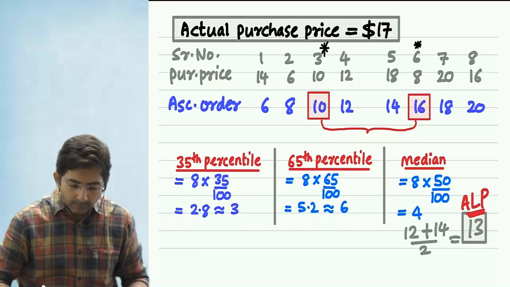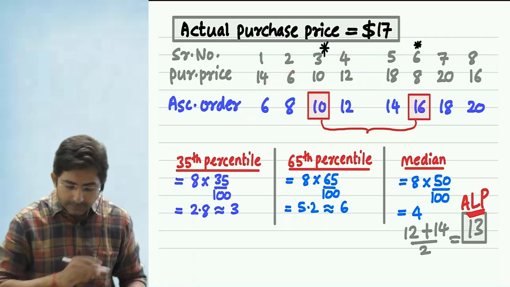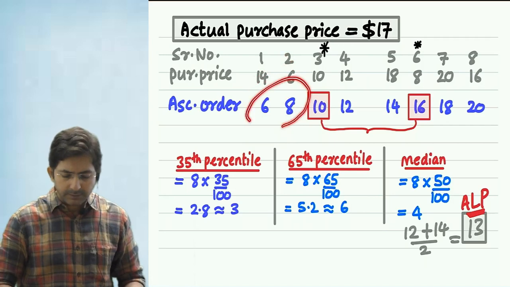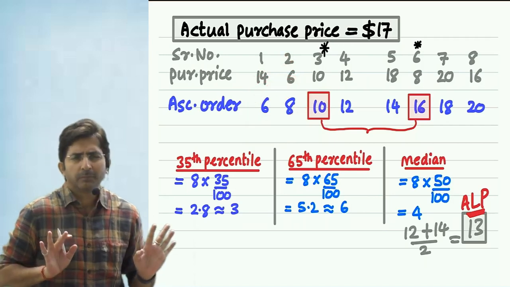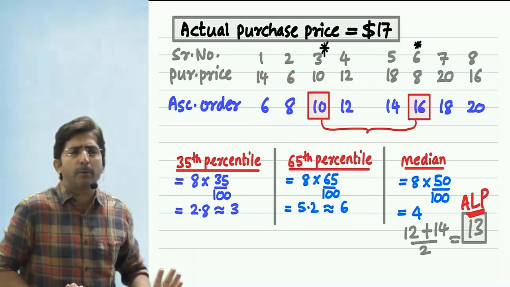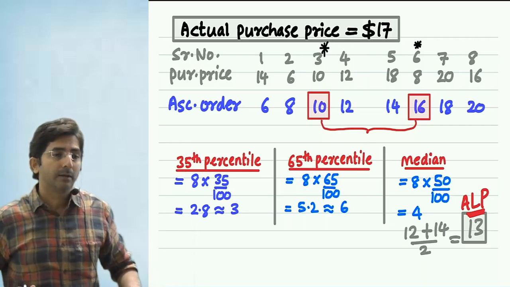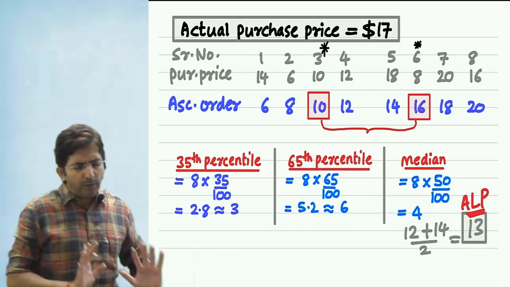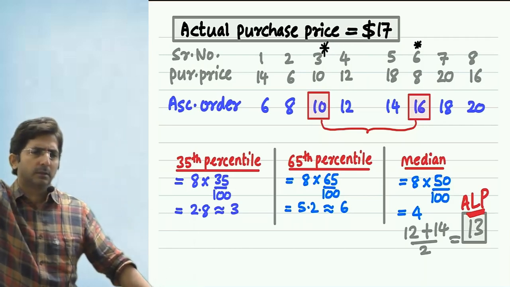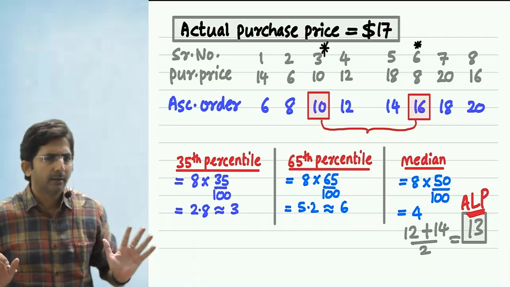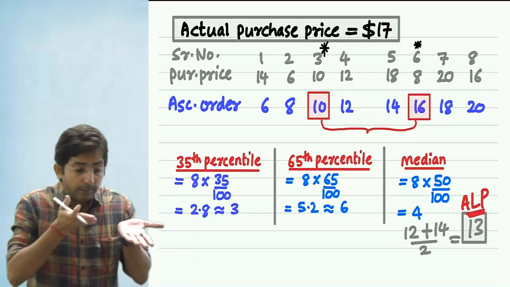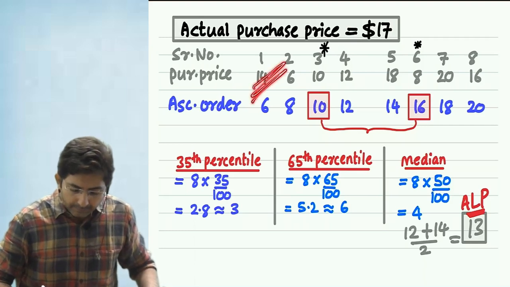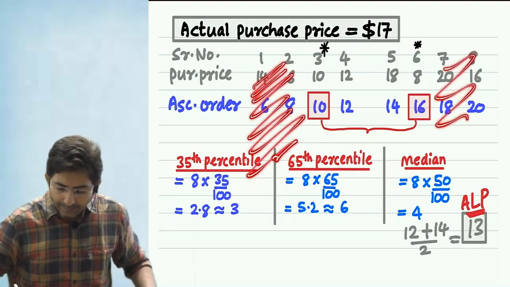If you notice, look at the screen, 6 and 8 are discarded because we feel they are too low, and too low is not proper, too high is also not proper. The concept of average says this only, that it should neither be too less nor too much. It should be somewhere in between. So I first arrange in ascending order so that I can delete the lowest and highest.